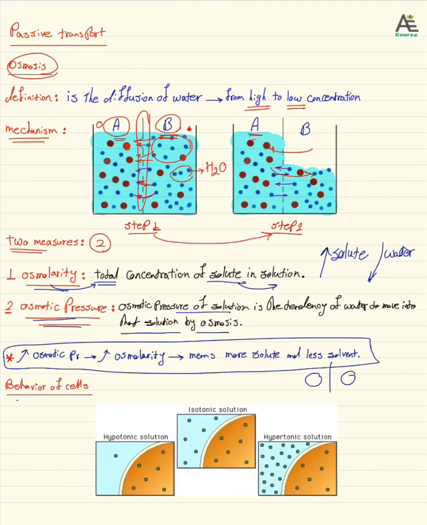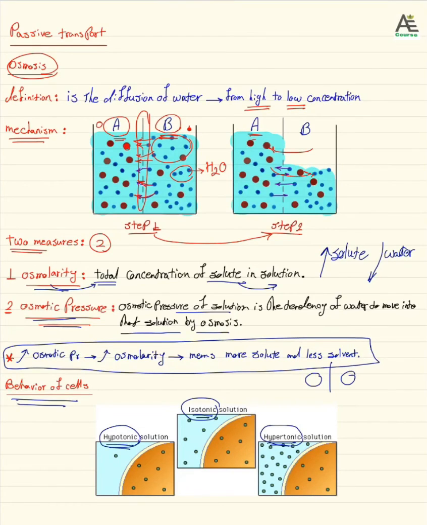Now let's see some behavior of the cells in solution. There are three different behaviors that a cell can have in different solutions. The solution can be hypotonic, isotonic, or hypertonic.